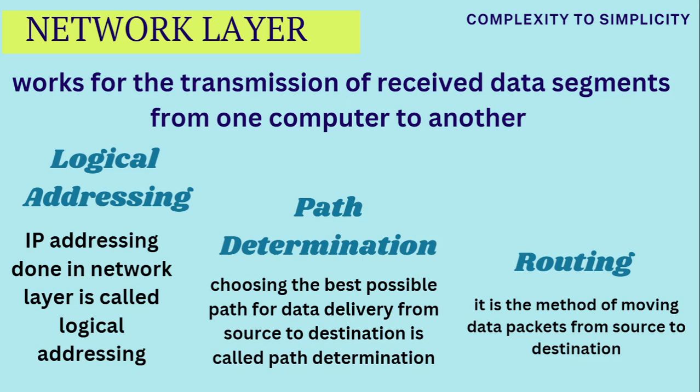Devices use protocols like OSPF, that is Open Shortest Path First, and BGP, that is Border Gateway Protocol. With the help of such protocols, it will choose the best path for the transmission of the data. The next thing is routing, and routing is the process of moving data packets from source to destination.